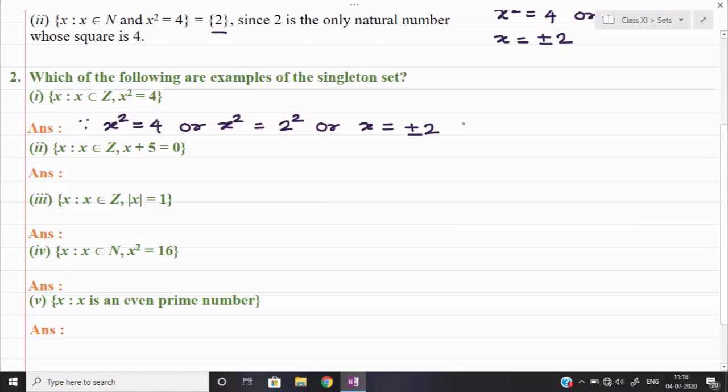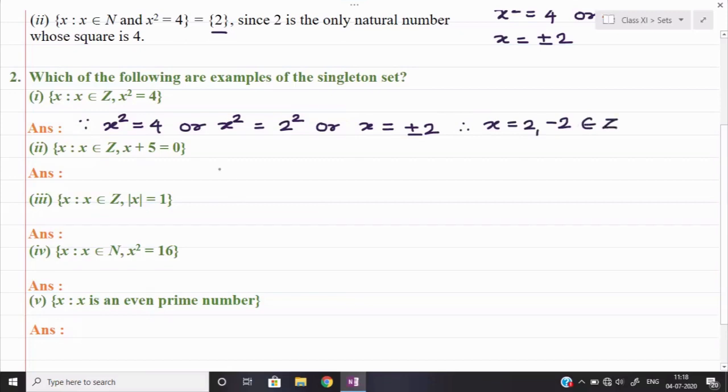So we can say that the value of x is either 2 or it can be minus 2. The second condition given is that x belongs to the set of integers. Here, whatever values I got, both values are integers.